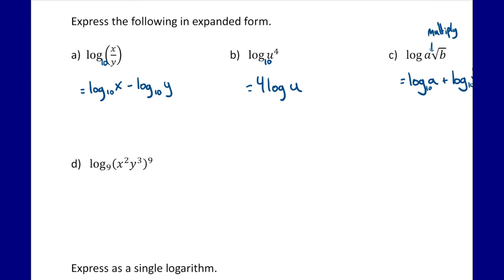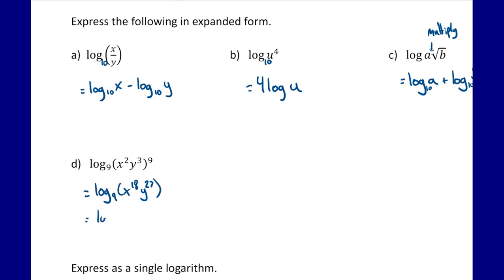For the next one, log base 9 of x squared y cubed, all to the power of 9. I'm going to simplify this a little bit first by applying the power rule. So I have log base 9 of x to the 18 y to the 27, since I just multiplied those exponents.